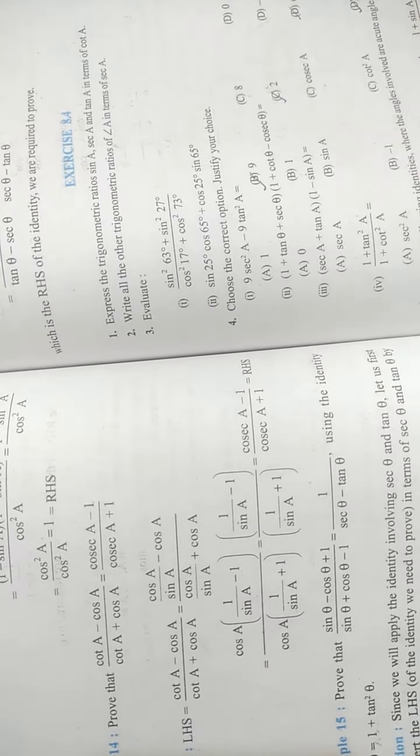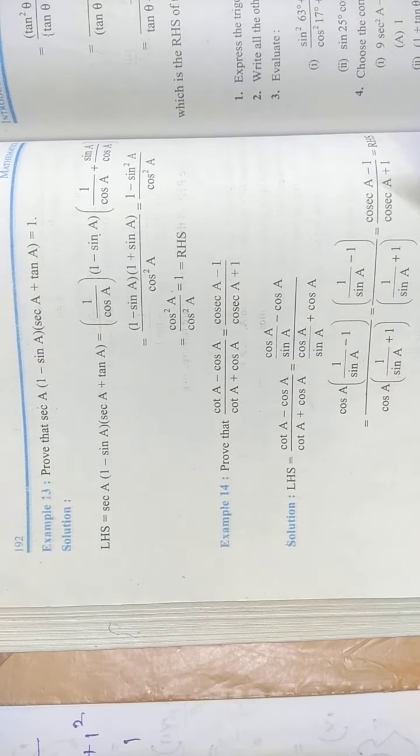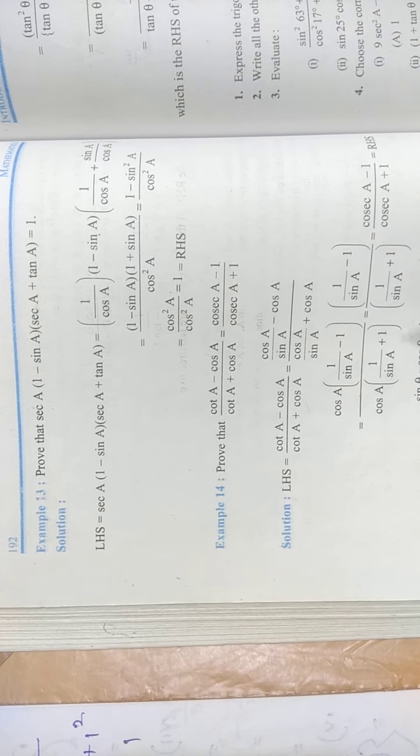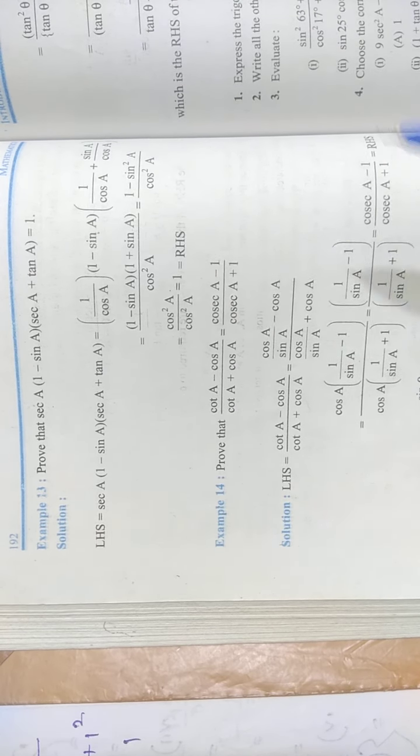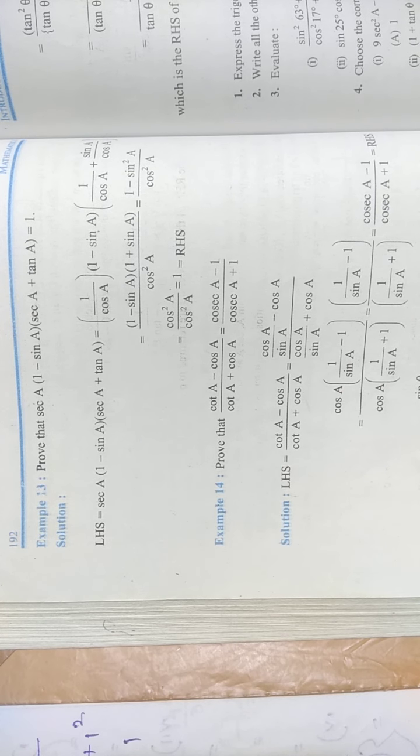Okay. See this one. You have to prove this type of questions. There is no hard and fast rule to do these sums, this exercise. So you have to practice this exercise and you have to remember the formulas also. Okay.